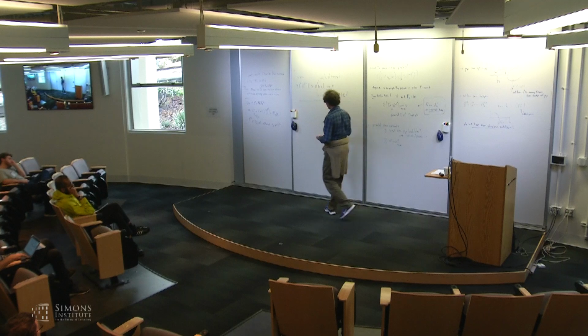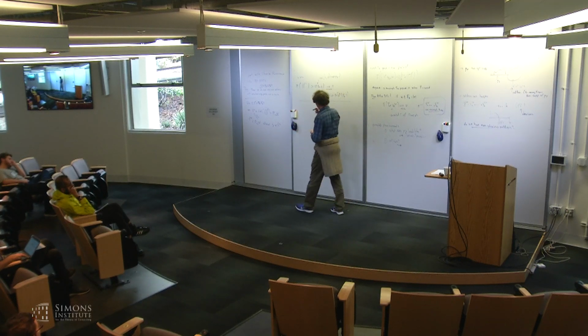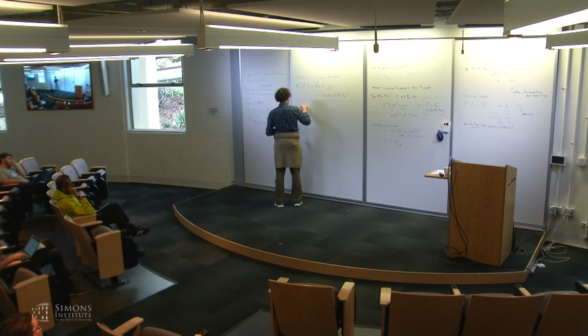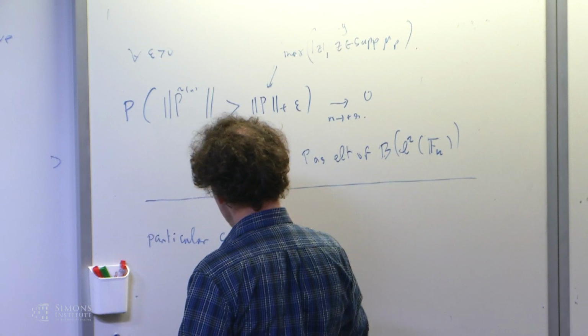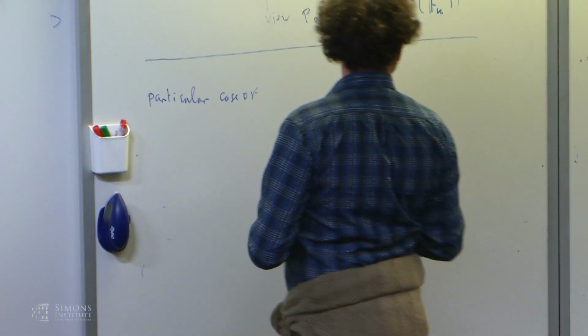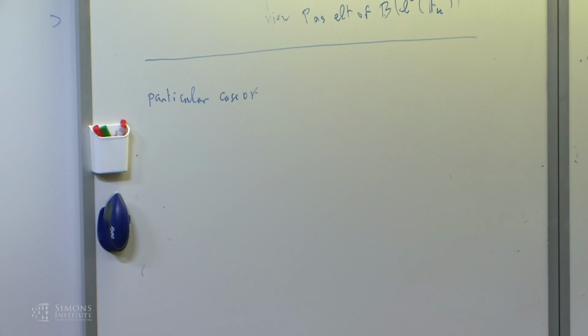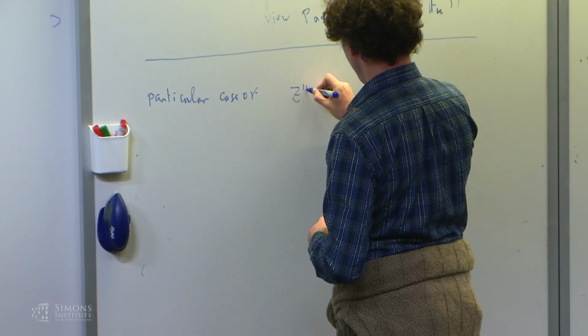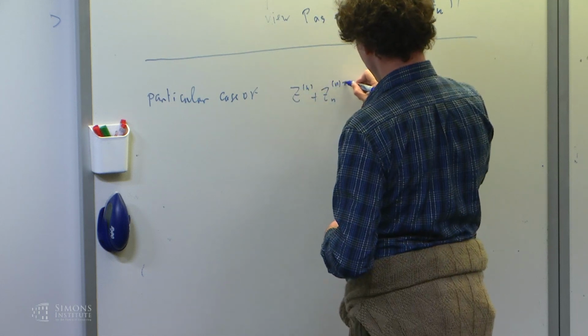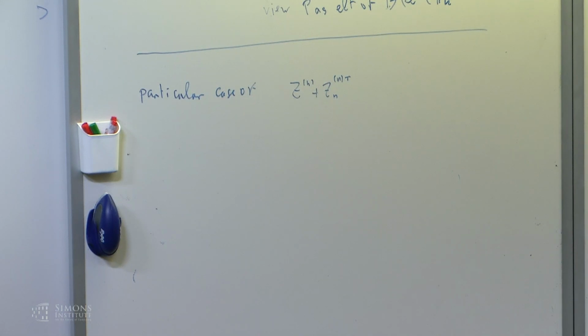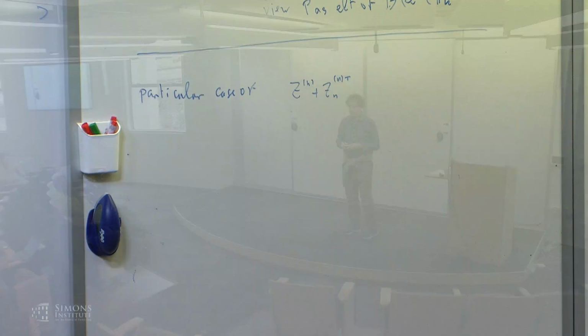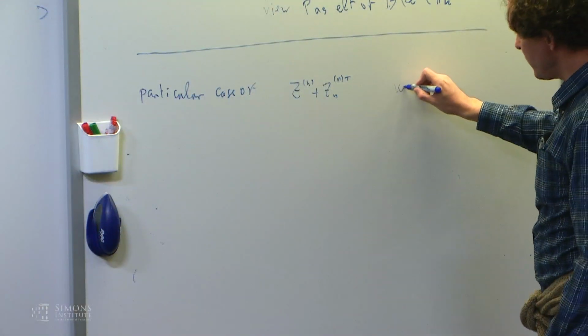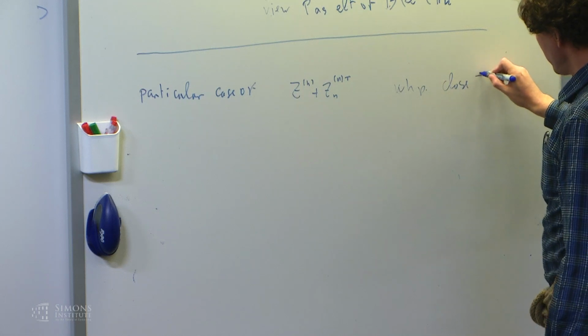Well, first of all, of course, and that was related to your question, the particular case of Zn plus Zn, so this is like a random undirected Schreier graph or something like this, is of course of particular interest, because what this tells us is that with high probability, this is close to Ramanujan.